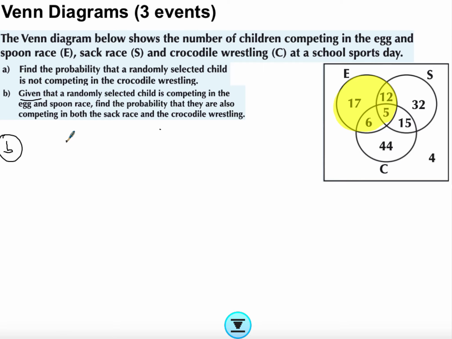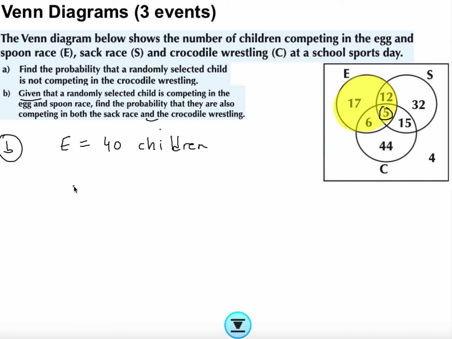So the total for the eggs is 40 children, if I add all of these numbers up. So out of those 40 children, because this is the given condition, what's the probability that they're also competing in the sack race and the crocodile wrestling? This is obviously just the 5 here.